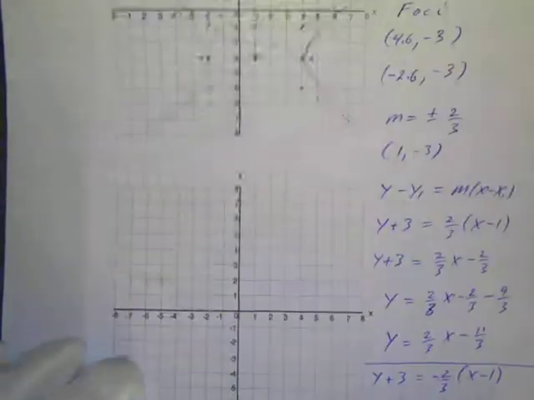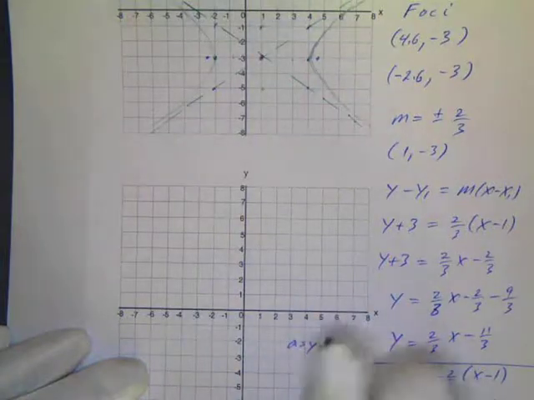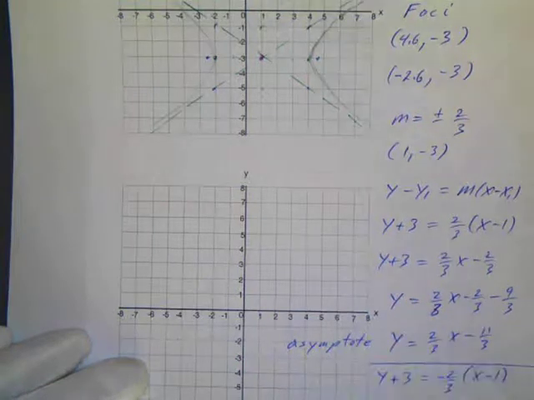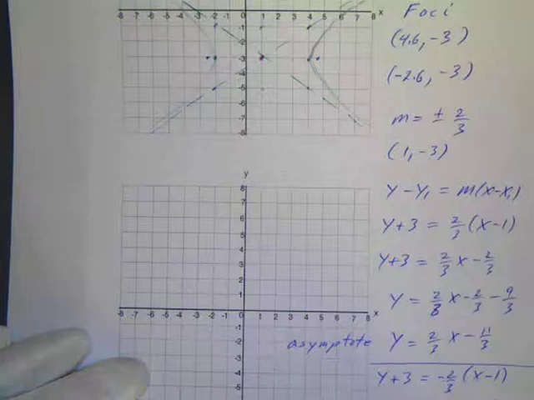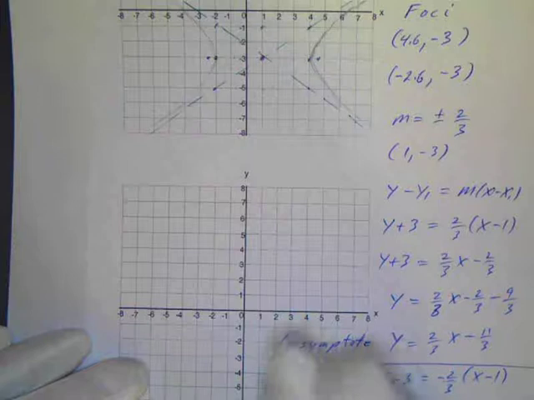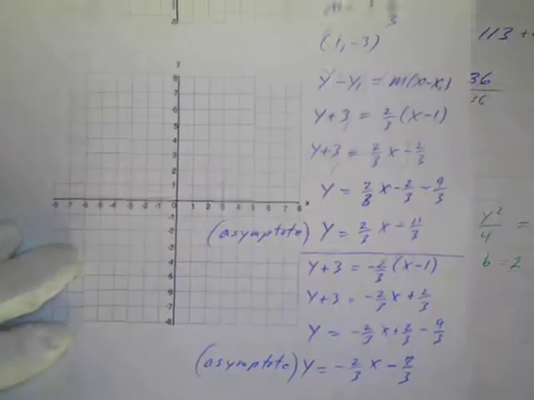So this is asymptote, asymptote and asymptote. And there you go. So those are the equations of your asymptotes.